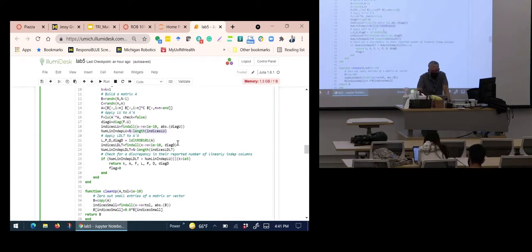Here I'm counting the number of 0 entries, and then the size of my diagonal minus the number of zeros gives the number of non-zero. Smarter would have been x greater than 1e to the minus 10. The number of linearly independent columns predicted by LU would simply be the length of this index set.